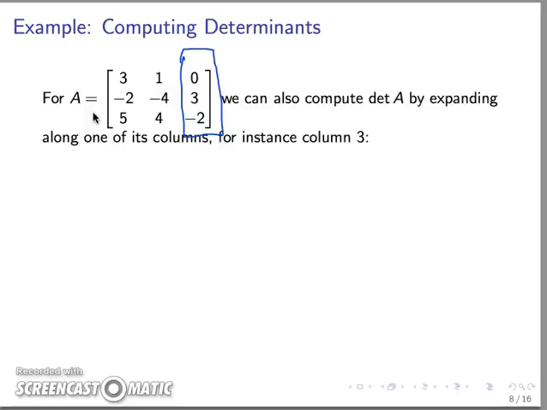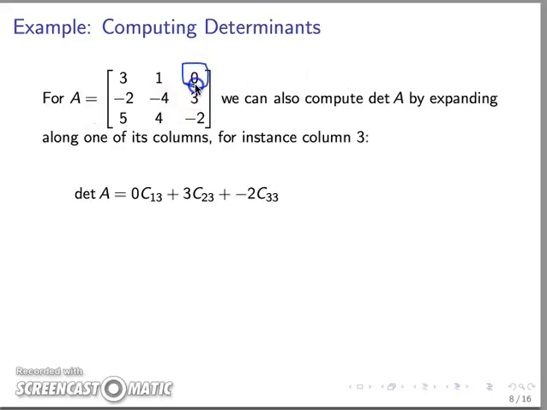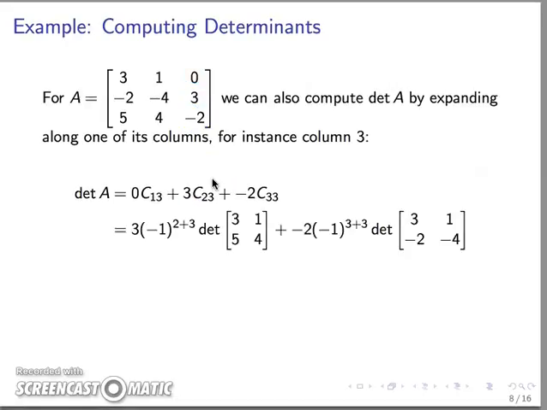For example, if we expand over column 3, we exploit the fact that there is an entry equal to 0 in position 1 3, and this linear combination has coefficients equal to the values in that column, 3 and minus 2, appearing as coefficients of the cofactors C sub 2 3 and C sub 3 3.